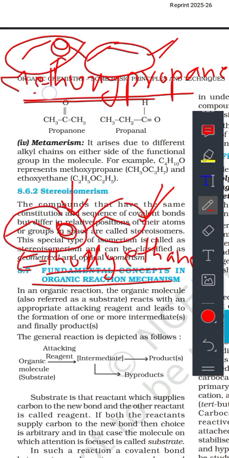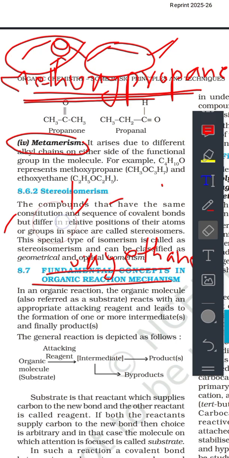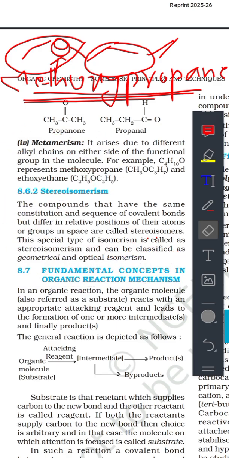Ethoxyethane and methoxypropane are called metamers, and this phenomenon is called metamerism. So that's how metamers and metamerism examples are shown. Now that is about structural isomerism: chain isomerism, position isomerism, functional group isomerism, and metamerism. We have seen the examples.